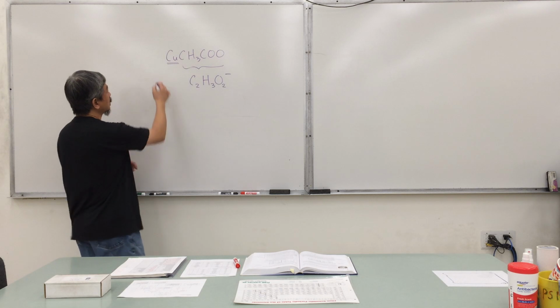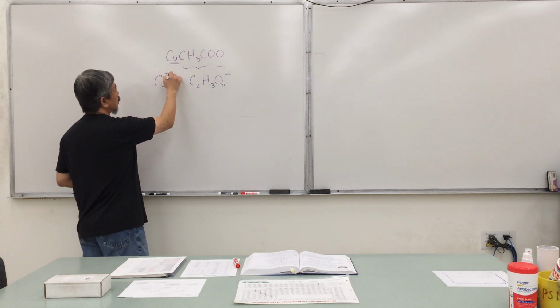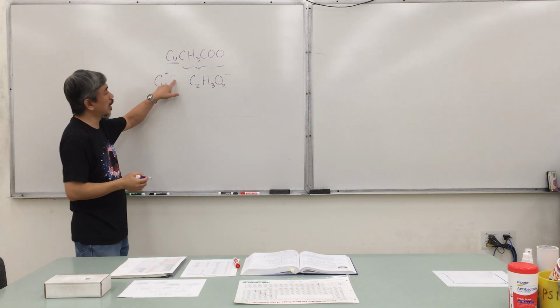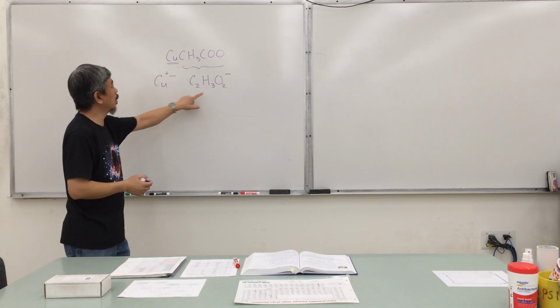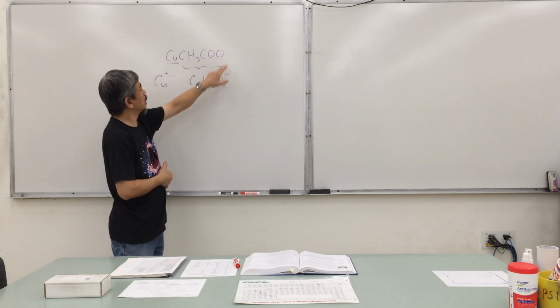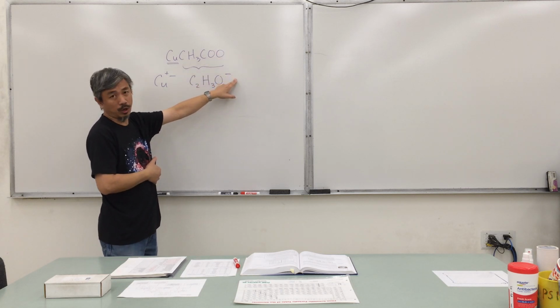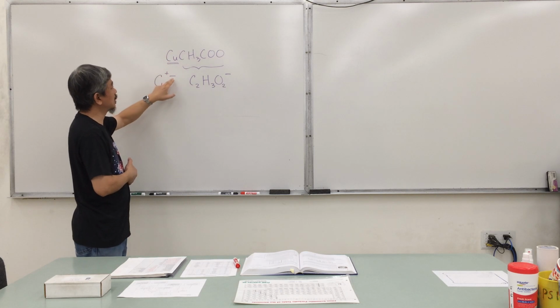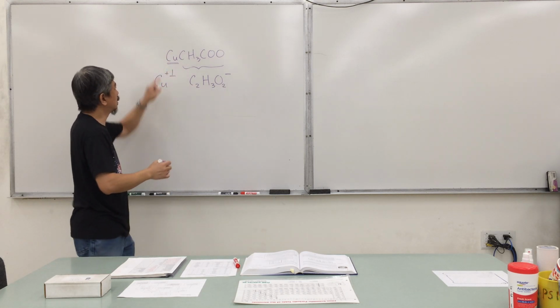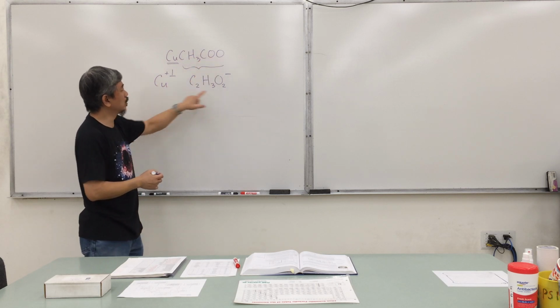So that means in this case you have acetate here, you have copper here, and this will have a plus charge, but we don't know what that numerical value is. So now we can go ahead and ask ourselves. In this case, I have one of these with a -1 charge, and I have one of these, so that means this must then have a +1 charge for it to balance out properly, since it's combining in a 1-to-1 ratio.